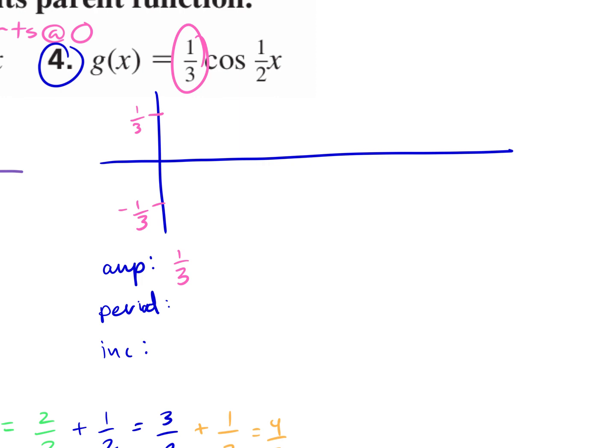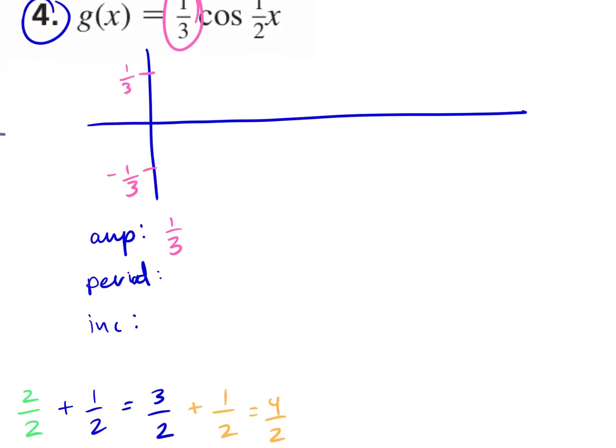How do I find the period? 2 pi over b, which is 2 pi over 1/2. Oh no, what do I do when I have a fraction inside a fraction? Keep, change, flip.